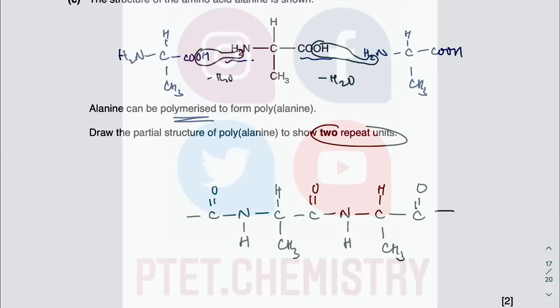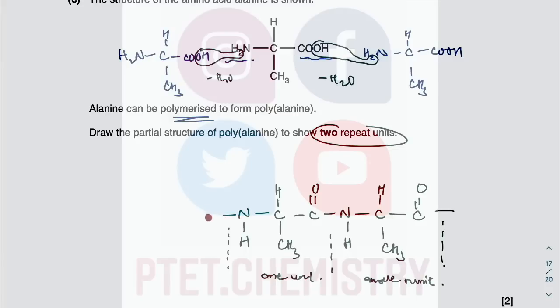So let me think. If you start from here, there to there is one unit. There to there is another unit. So I do not want this, because there's more than required. But I must leave this open.